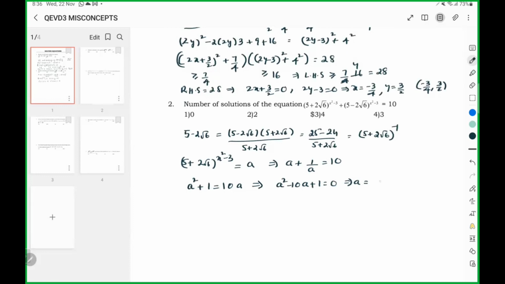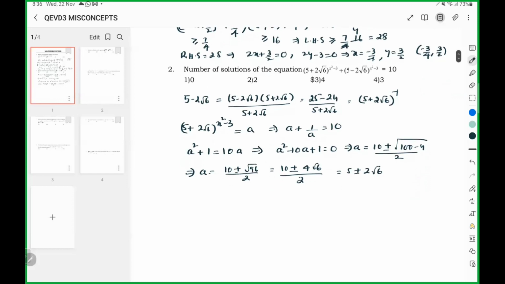A will be 10 plus or minus root of 100 minus 4, by 2. That is 10 plus or minus root 96 by 2. You get here 4 into 16 into 6, that is 4 root 6 by 2, so 5 plus or minus 2 root 6.